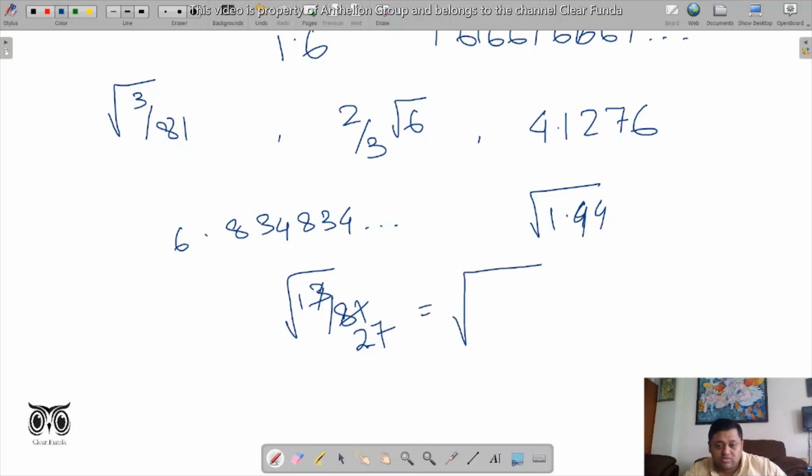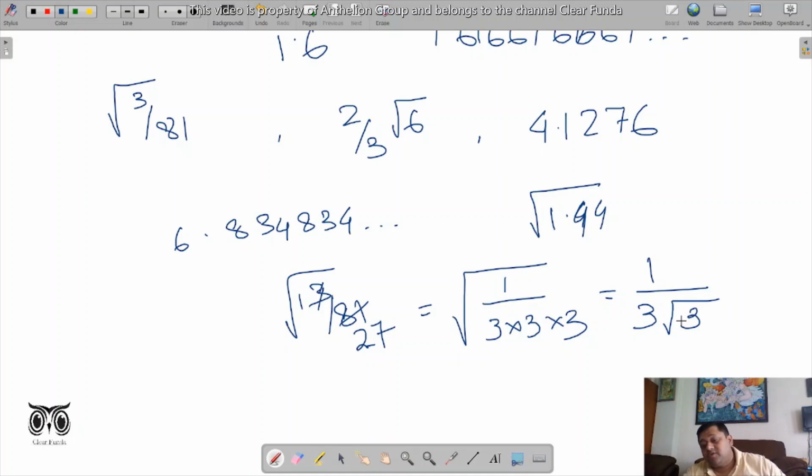Which equals the square root of 1/3 into 3, which equals 1/3. Of course, here there is a √3, so therefore this is an irrational number. Okay, so this is irrational.